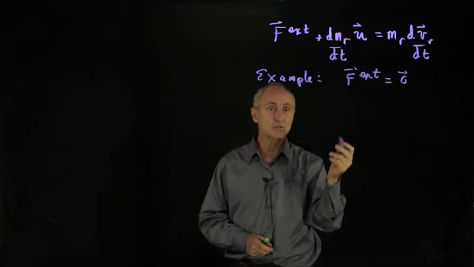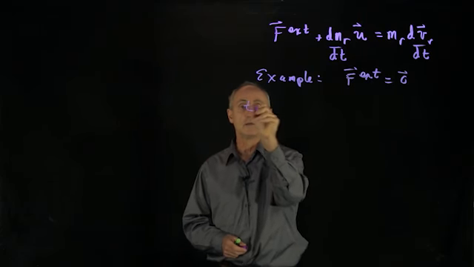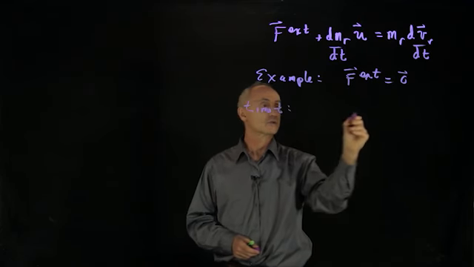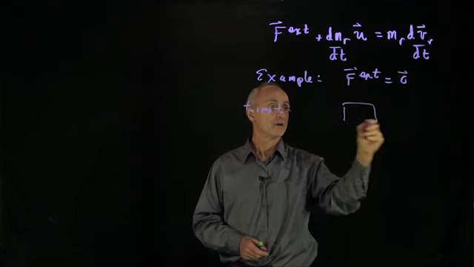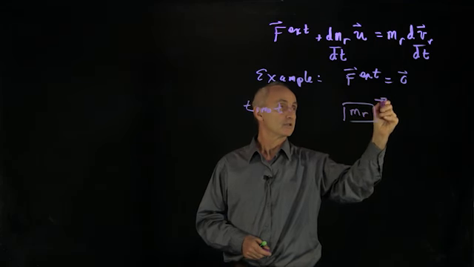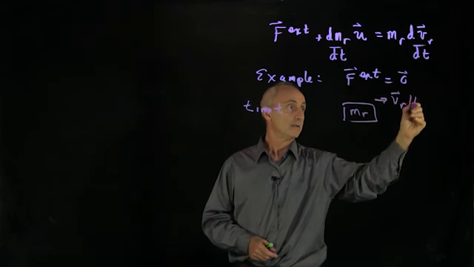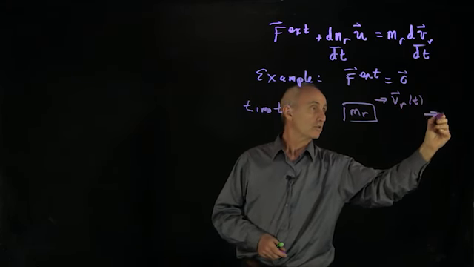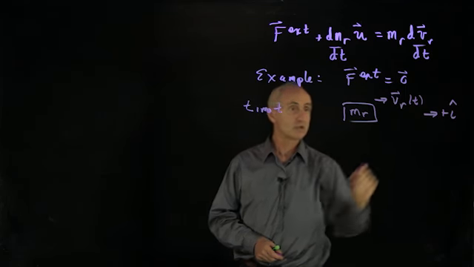Now, let's consider, we'll draw a picture at time t, just to remind ourselves. So we have the mass of the rocket. It's moving with the velocity v_r(t). And we're going to call this our plus i hat direction.